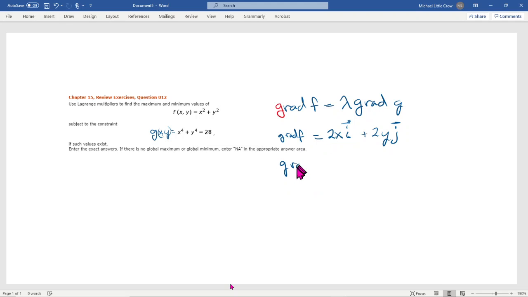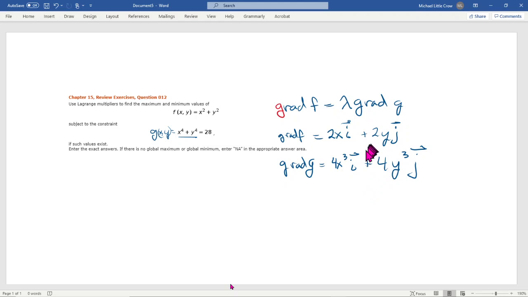Our gradient of g is going to be similar, 4x to the third i plus 4y to the third j. Okay, so it comes from the derivatives here.